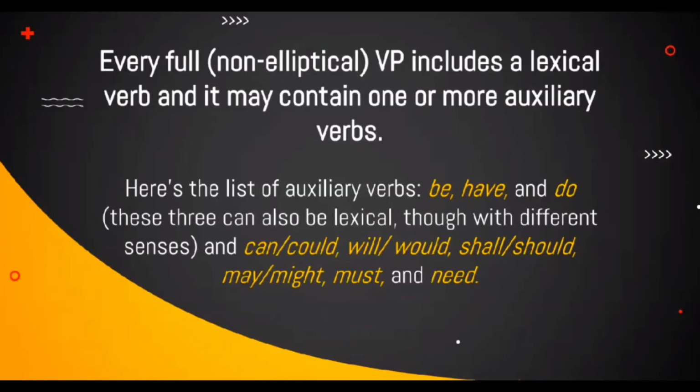Okay, I will explain the next material. Every full non-elliptical VB includes a lexical verb, and it may contain one or more auxiliary verbs. Here's the list of auxiliary verbs: be, have, and do. These three can also be lexical, with different senses, and can or could, will or would, shall or should, may or might, must and need.